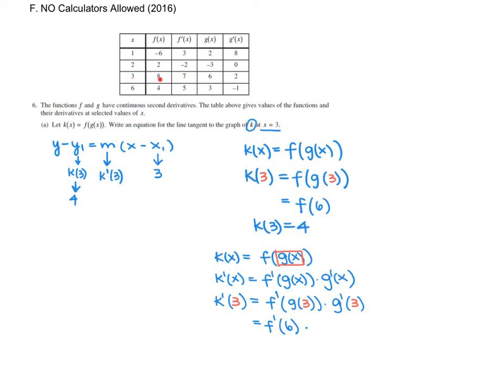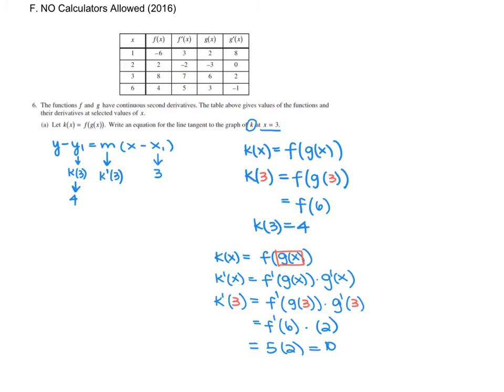So when x is 3, g prime is 2. So we have f prime of 6 now. So when x is 6, f prime is 5. 5 times 2 will give us 10.